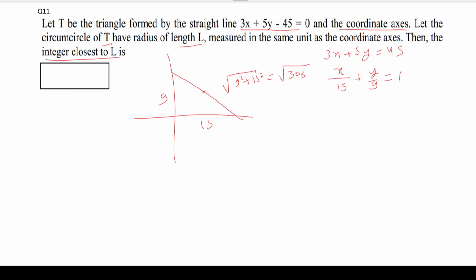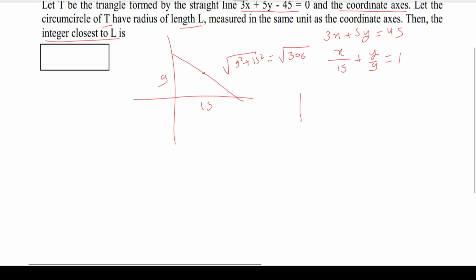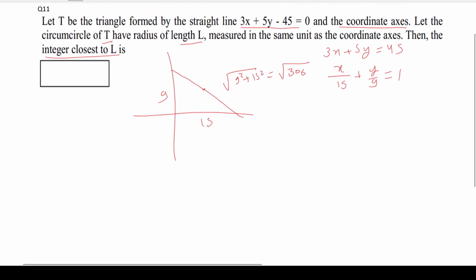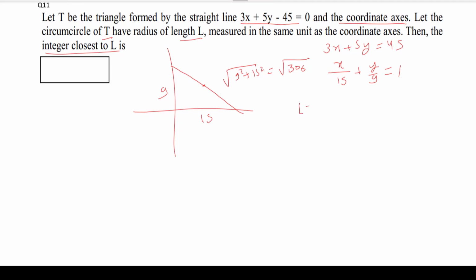And we know that the radius of the circumcircle of a right angle triangle is always equal to half of the hypotenuse. Then L will be equals to root 306 by 2.